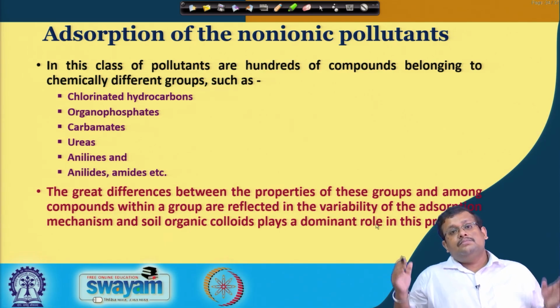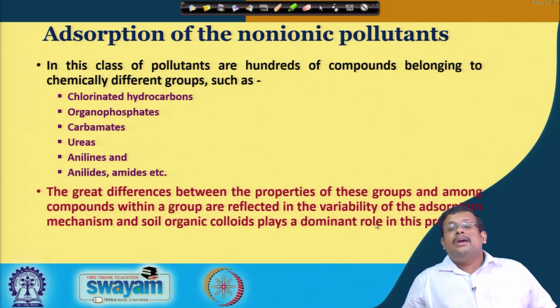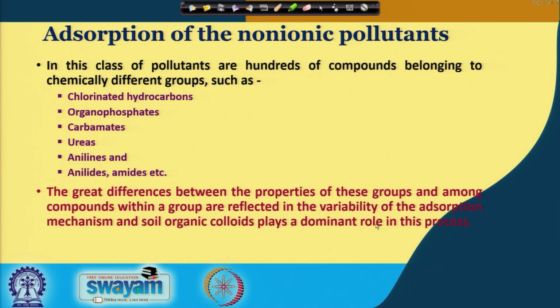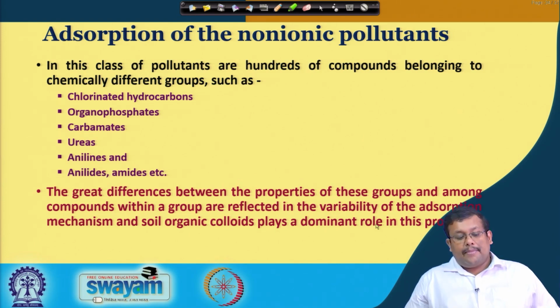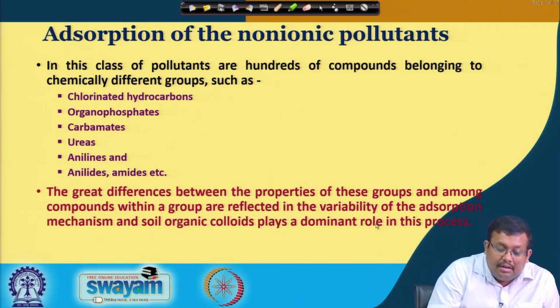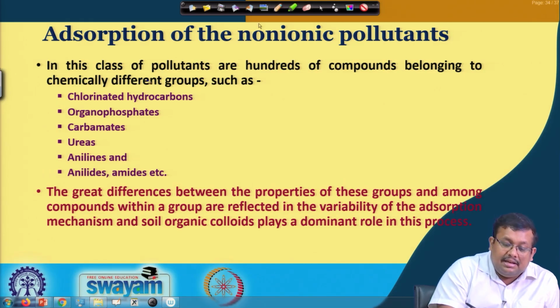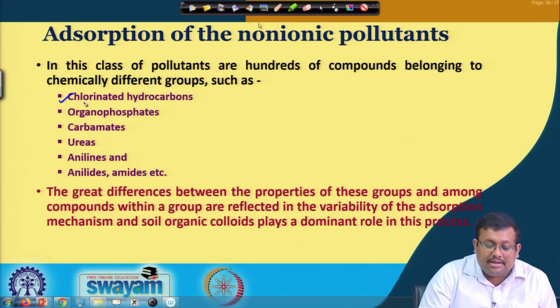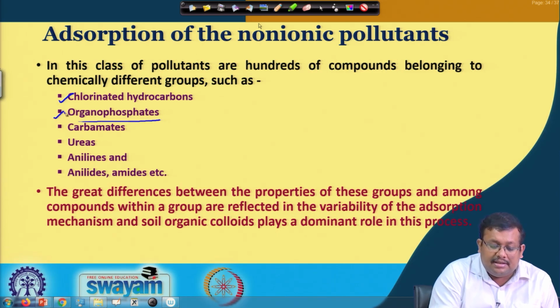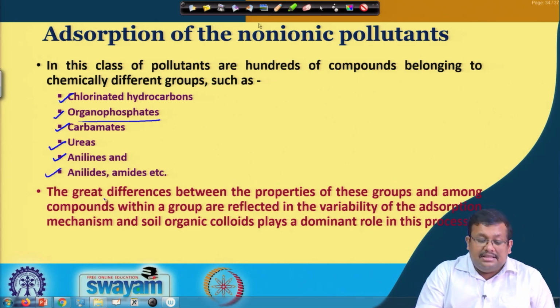If we consider the non-ionic pollutants, what are the important non-ionic pollutants? In this class of pollutants, hundreds of compounds belong to chemically different groups, like, as you can see here, chlorinated hydrocarbons, then organophosphates, carbamates, ureas, anilines and anilides, amides, etc. So, these are the examples of non-ionic pollutants.